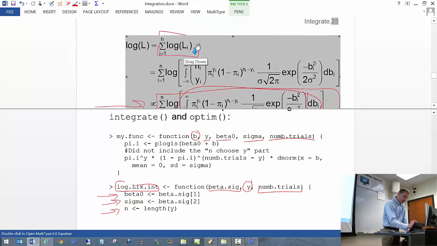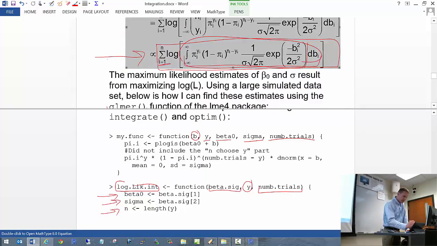Obviously, I have these pi's here, so I'm going to create an object called pi.i that takes plogis of beta 0 plus b. Remember how we simulated our data? That's the same format, how I formed my pi's before.